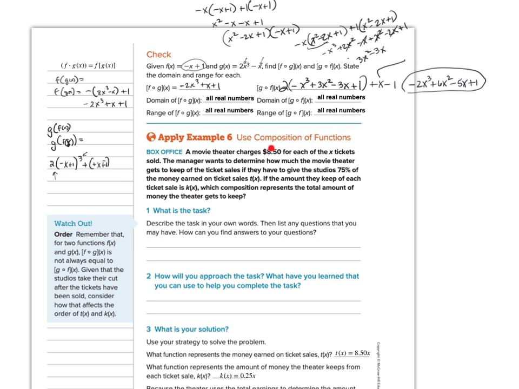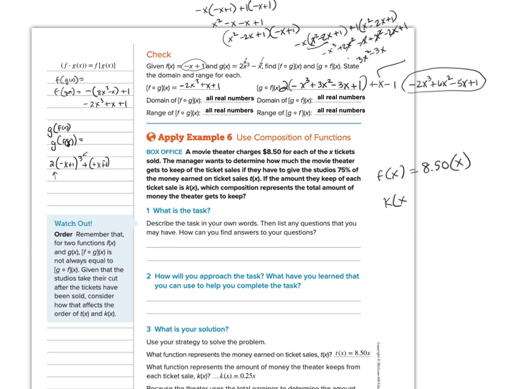So we pay $8.50. It seems like $8.00 anymore when you go to the movies. But we have this function of $8.50 per ticket sold.